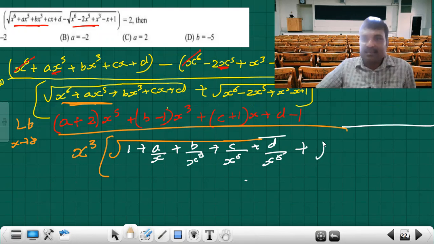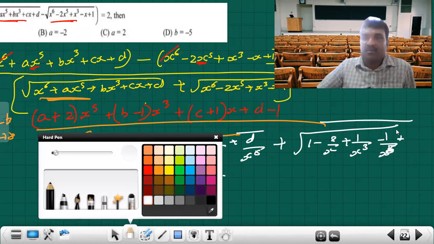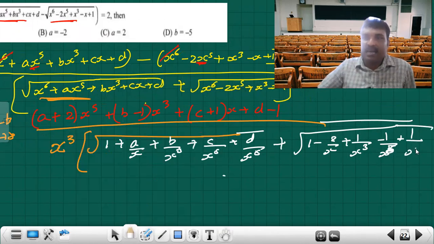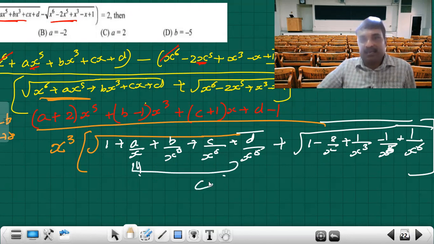Plus inside this square root we can write 1 minus 2 by x plus 1 by x cubed minus 1 by x raised to 5 plus 1 divided by x raised to 6, right? When limit x tends to infinity, what happens? All these terms become 0, and all these terms become 0. Here inside the square root of the denominator it is 1, and here it is 1. It remains, right?